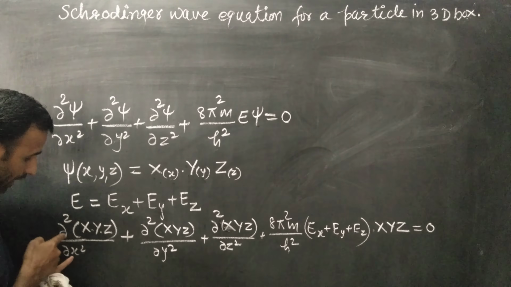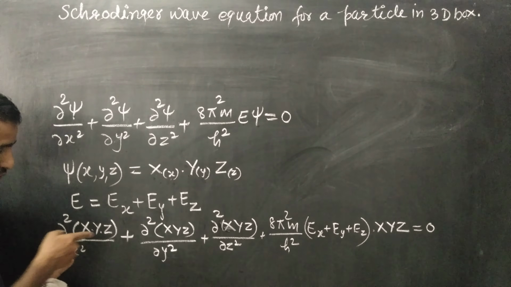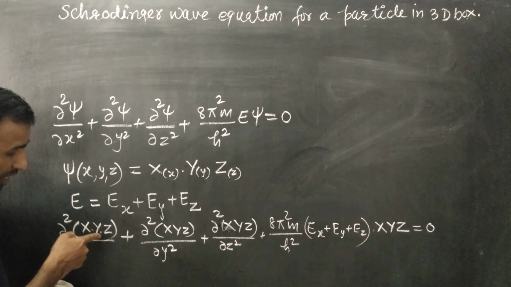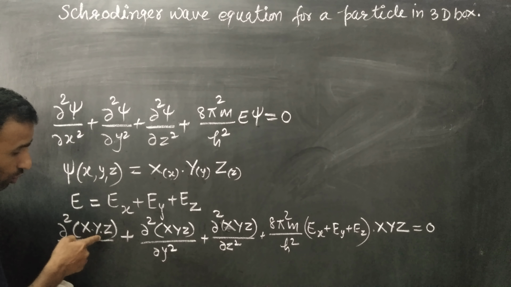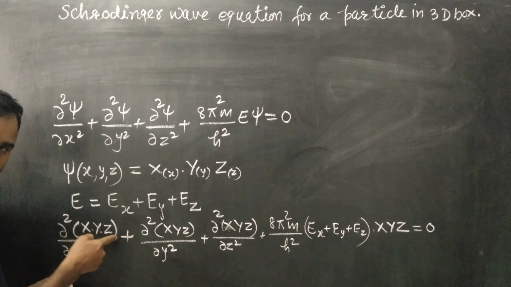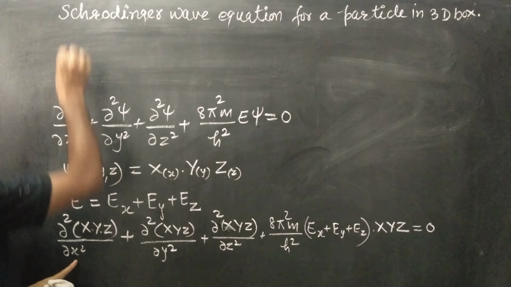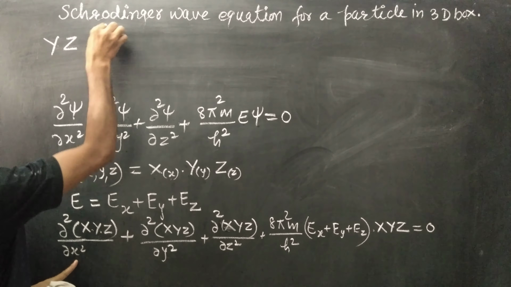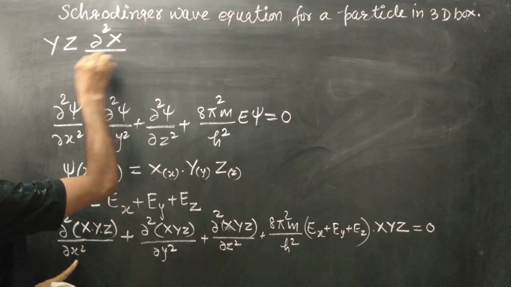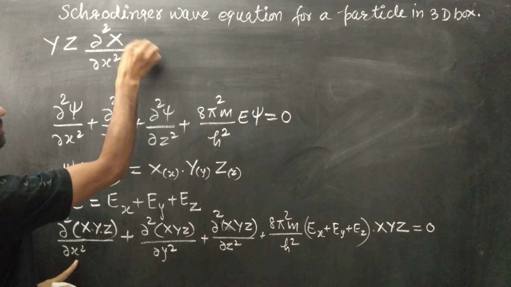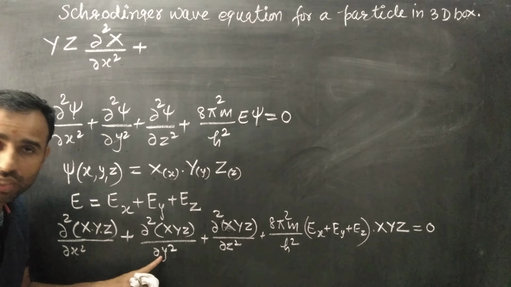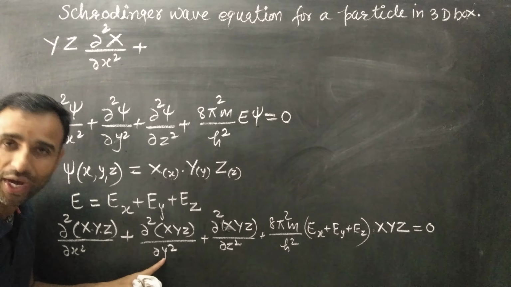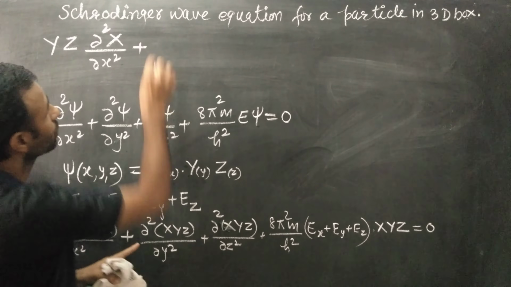Now after getting this value, the first term depends upon x only. So y and z depend upon y and z, so they are constant for it. So it becomes Y into Z times the second derivative of X. For the next term, it is differentiated with respect to y, so X and Z are constant for it.